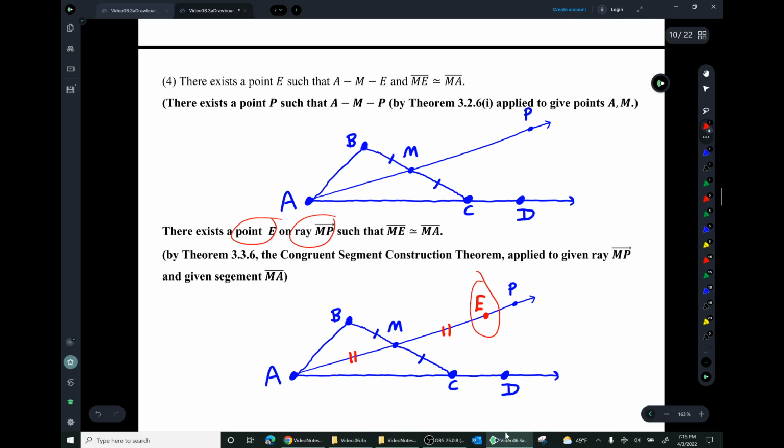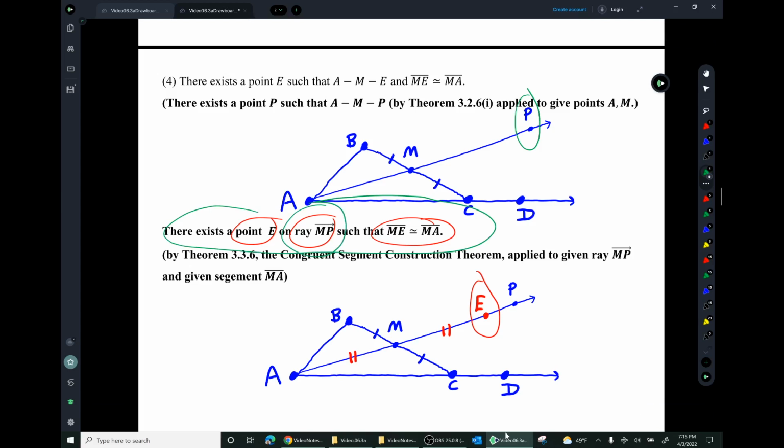This point E exists that makes this congruence true. So you see now why we needed point P. We needed to introduce a point P because the only way that we can say what we need to say here is to have a ray MP to be talking about.